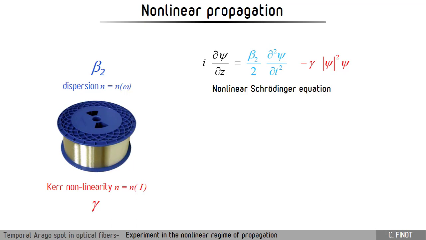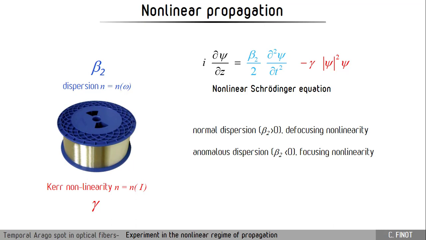So here we have to separate two cases. The case where the dispersion is normal, so beta 2 is positive, will lead to a defocusing nonlinearity, and in the case of anomalous dispersion, the nonlinearity will be focusing.